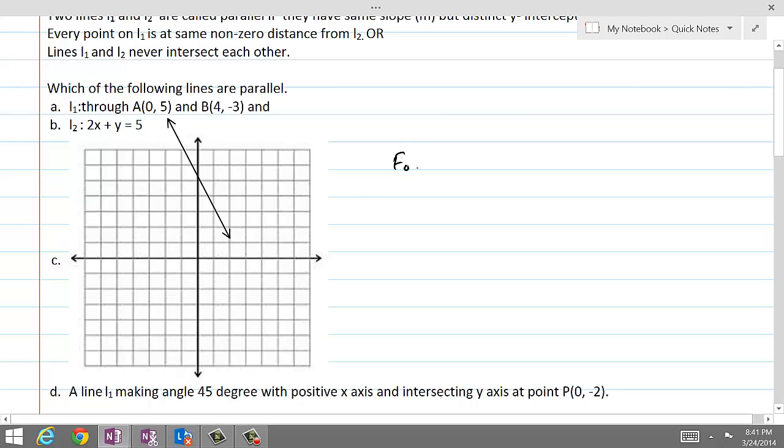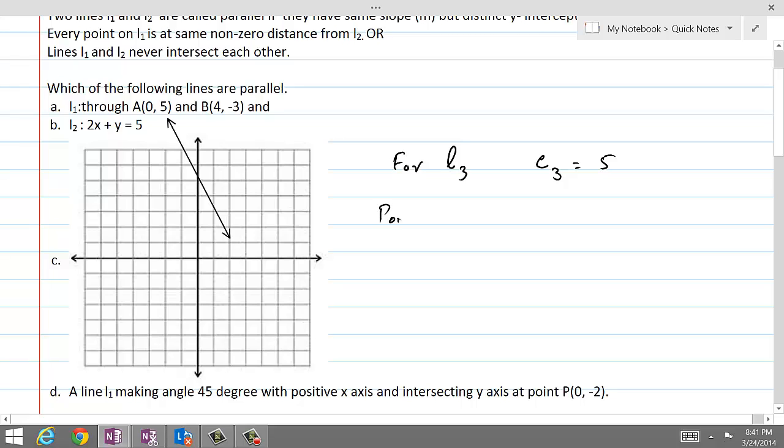Let's call this L3, the third line. We know that the y-intercept is 1, 2, 3, 4, 5. So C3 is equal to 5.